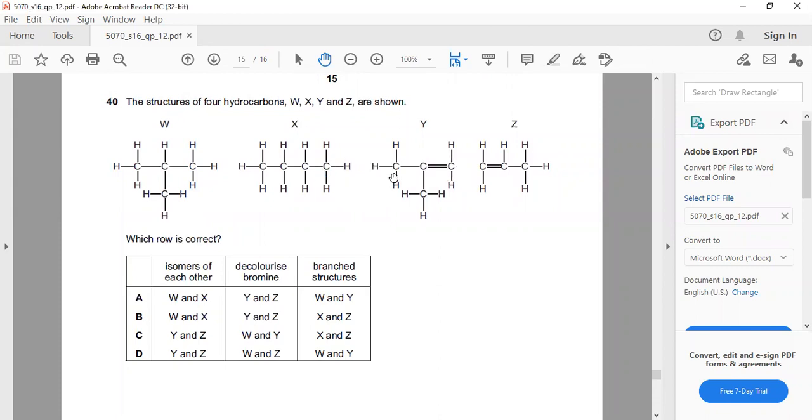The last one is 40, for W, X, Y, Z. Which row is correct?